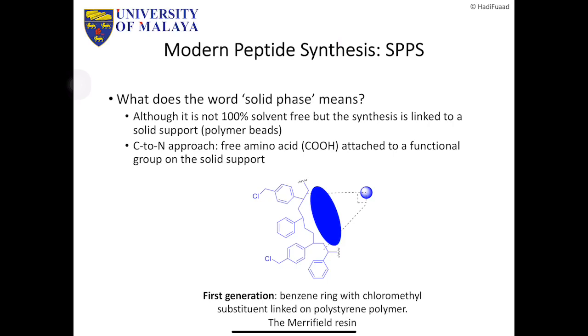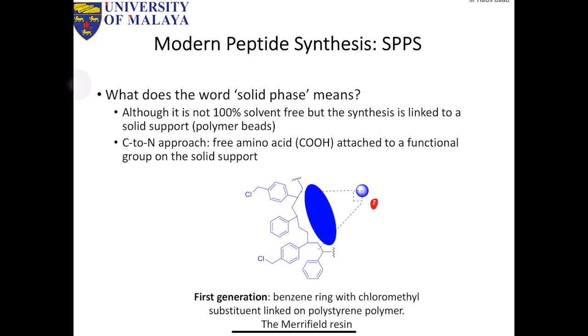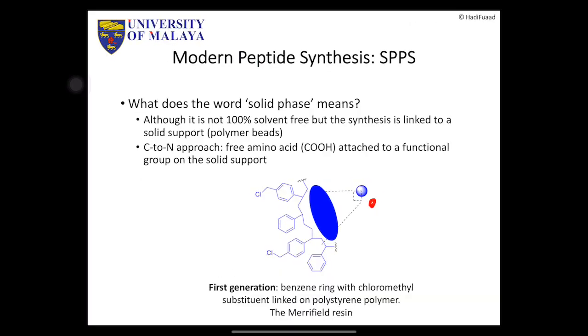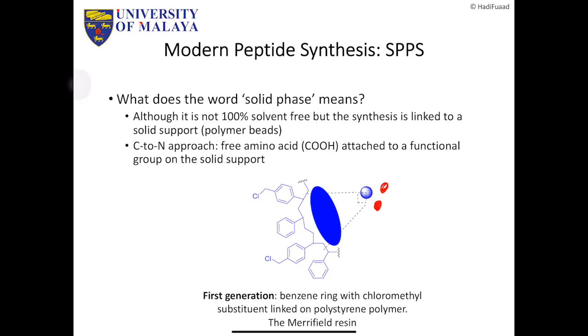The synthesis is linked to a solid support, in this case polymer beads. So it's a C to N approach: the free amino acid is attached to the functional groups on the solid support. Imagine these are the beads of your solid support, made from polymer.